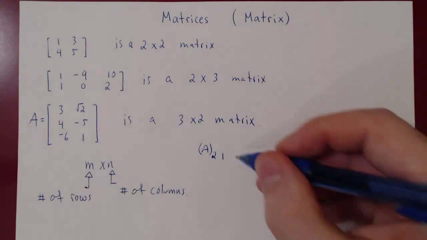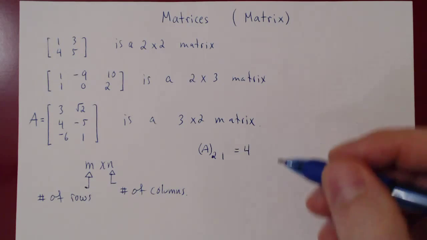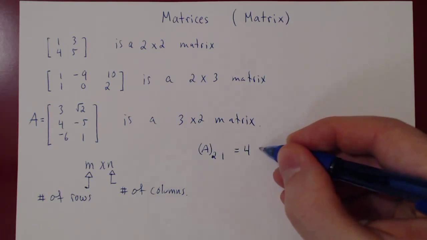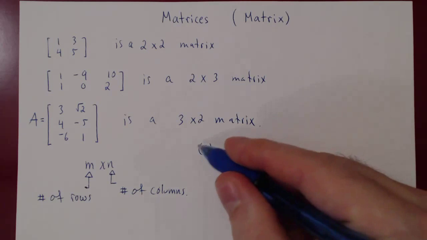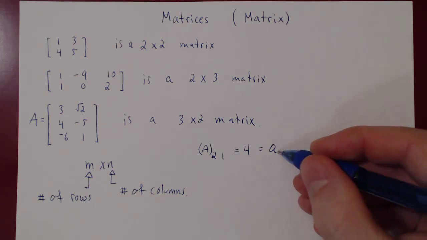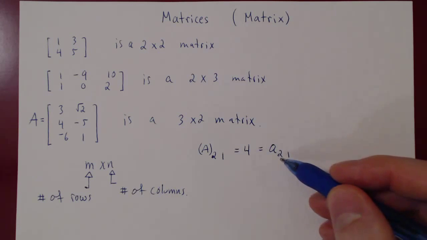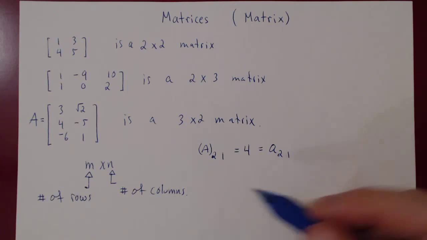So this is entry 4. And we sometimes use, instead of an uppercase A, simply a lowercase a, and we drop the round brackets. We simply write a21, meaning the entry of matrix A in the second row, first column.